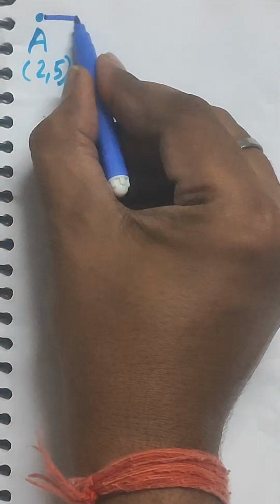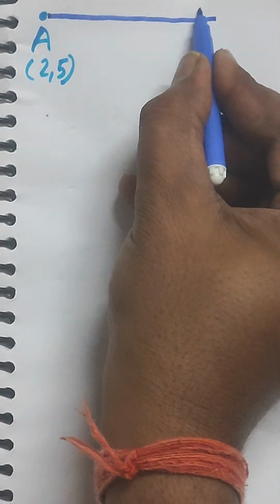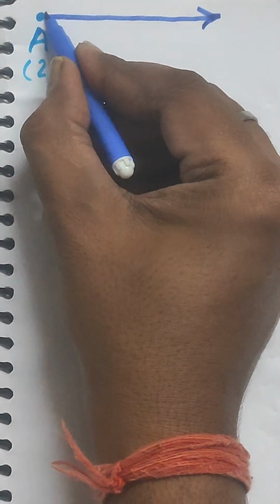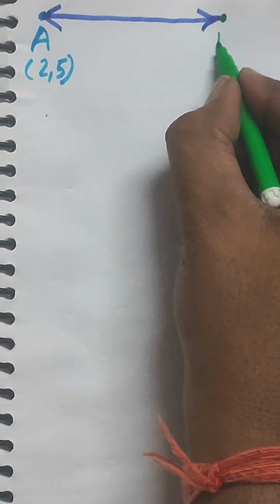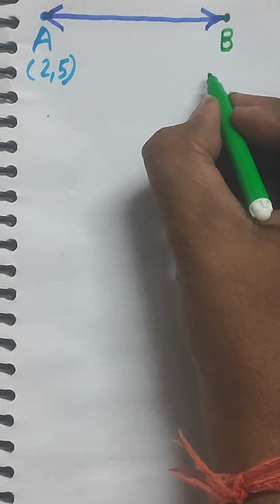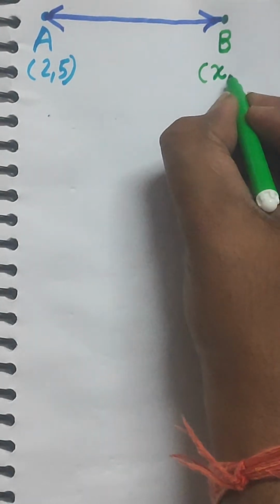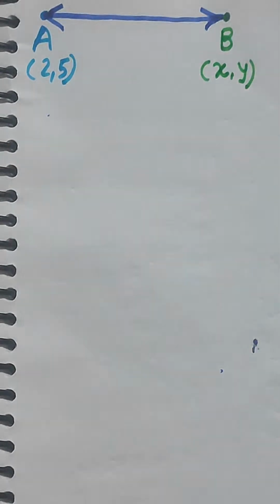And when this line is continuing like this, let's say the other end of this line is lying at B. So this is till point B, and the coordinates of B are given to you as x and y.